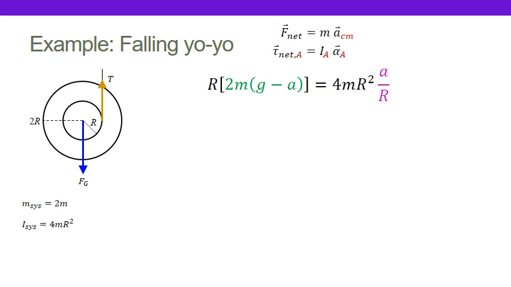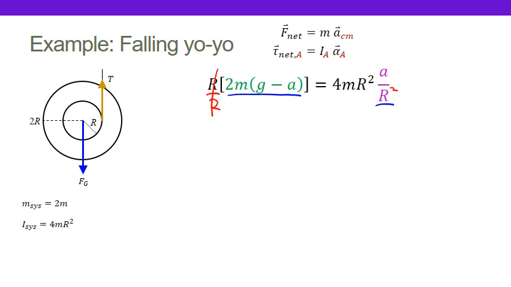So you can see where I've plugged in my information about the tension and the information I got from rolling without slipping into my torque equation. And now it's just a matter of solving. If I look at this, I notice I have an R on this side, and I'm going to divide over here by R, and I'll get R squared. So I divide both sides by R. And of course over here that goes to 1.